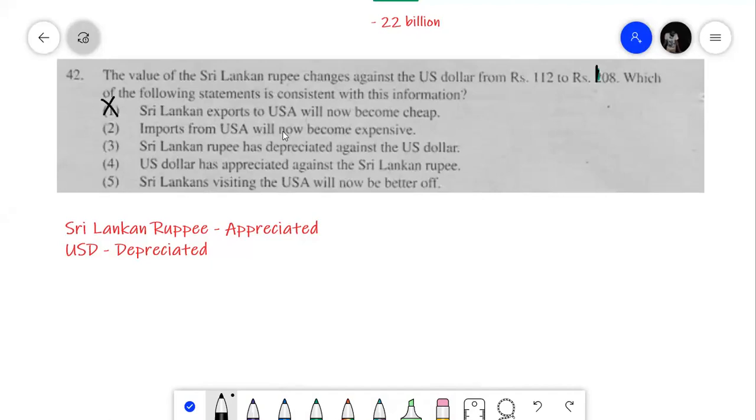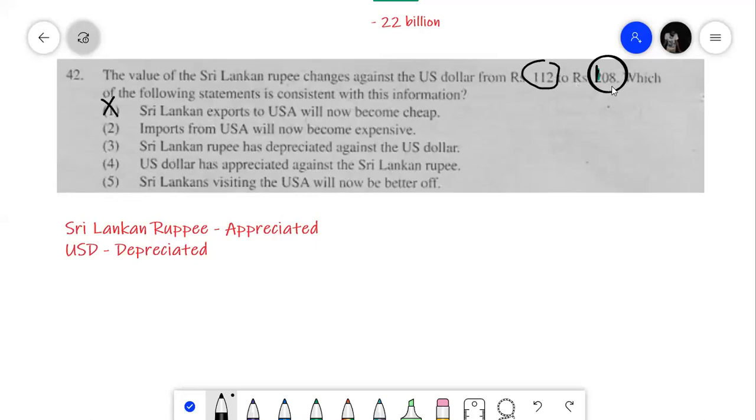Imports from USA will become expensive. Now, let's say you're buying something worth $1. Earlier, you paid 112 rupees to buy $1 worth of goods. But now, to buy that same $1 worth of goods, you're only paying 108. Has it become expensive or cheaper for you? It has become cheaper for you, right?